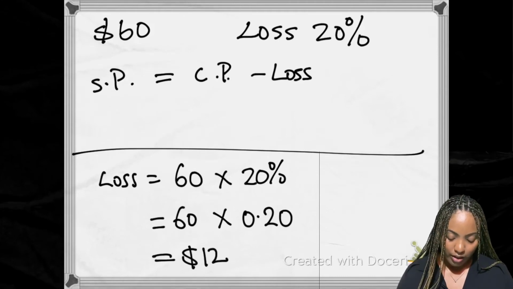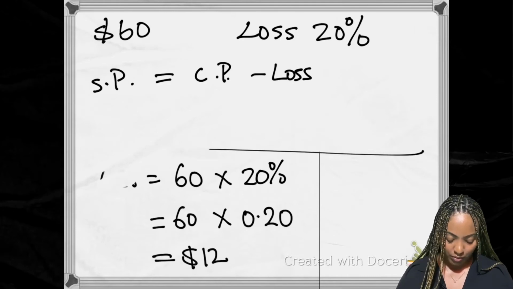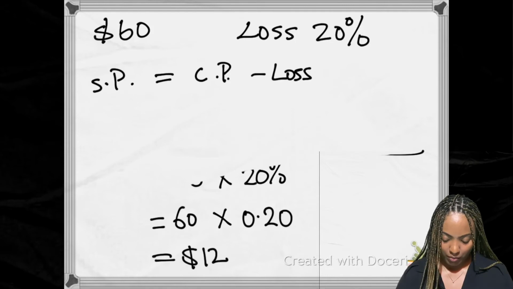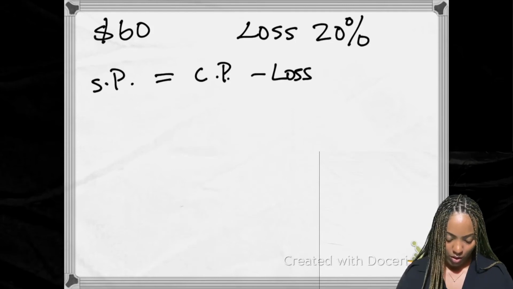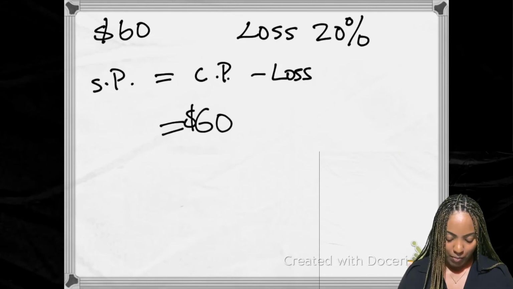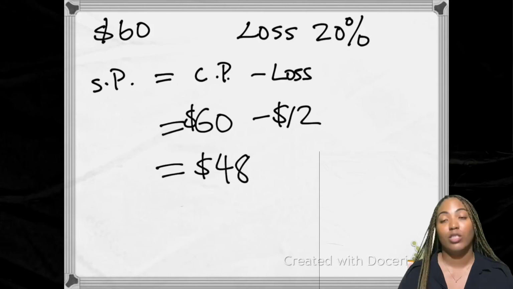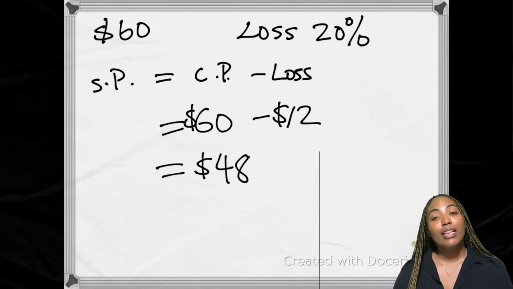So going back to our selling price, we then use $60 minus $12, which gives us $48 as our selling price in the event we would have made a loss.